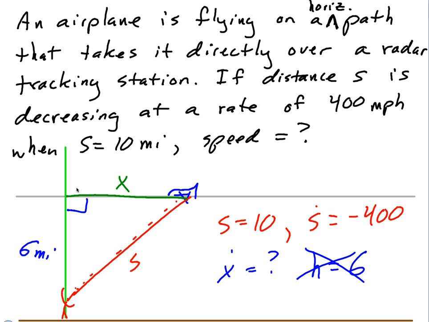And the fact that the distance S is decreasing at a rate of 400 miles per hour, now that's not a static thing, is it? That's a changing thing, right? That's a dynamic thing. That was S dot, right? The rate of change of distance. And we know it's an S dot if we look at the units.